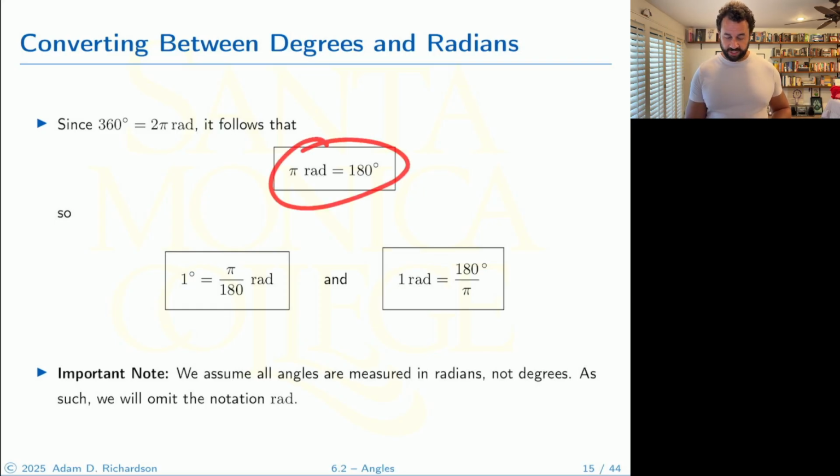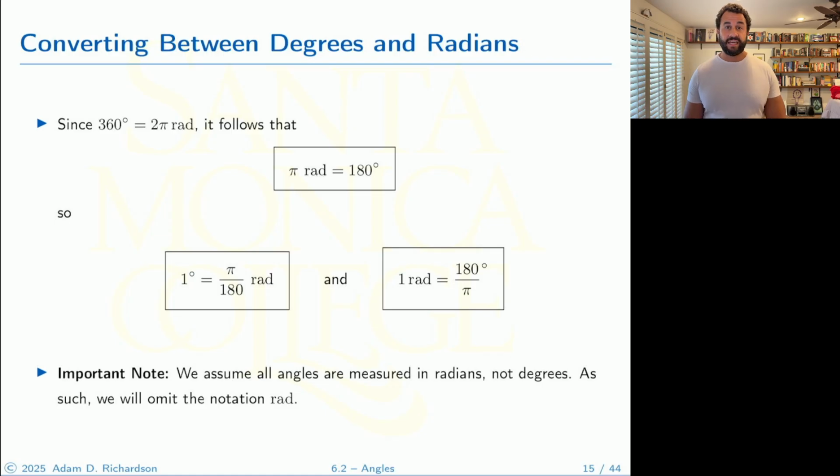So from this equation, we can divide stuff on both sides, and we can get a formula for 1 degree. So 1 degree is pi over 180 radians, and 1 radian is 180 degrees over pi. You can get those formulas from this formula up above. Now, what might come as a surprise or might feel a little bit weird at first is we assume all angles are measured in radians from now on, not degrees.